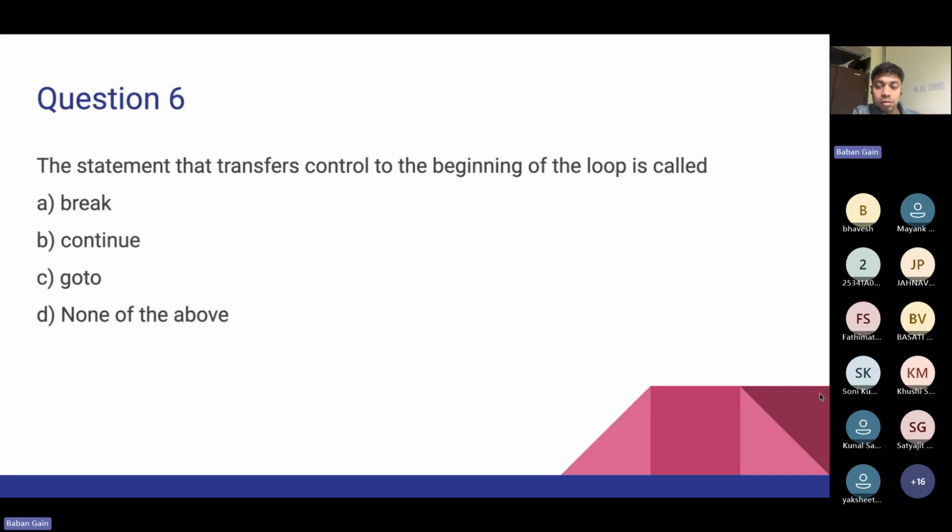Can you explain what continue does here in a for loop? If the condition satisfies, then it will skip that particular iteration and go to the beginning of the loop. Right.